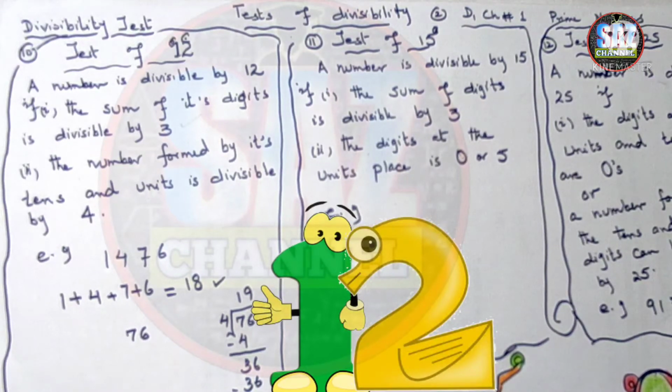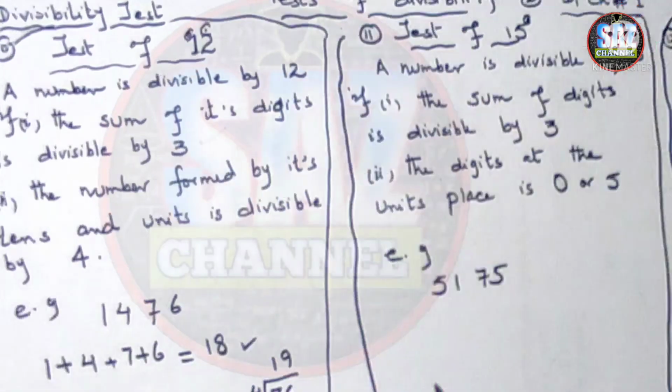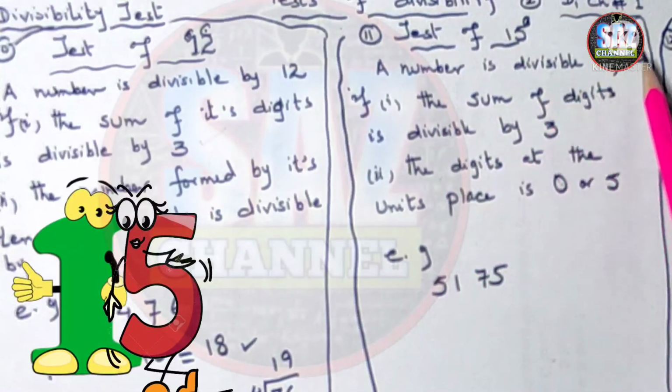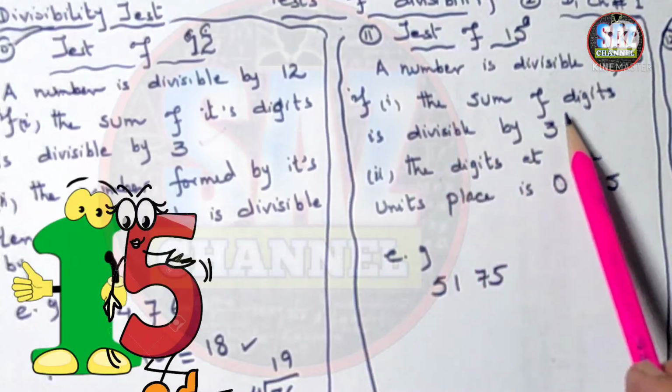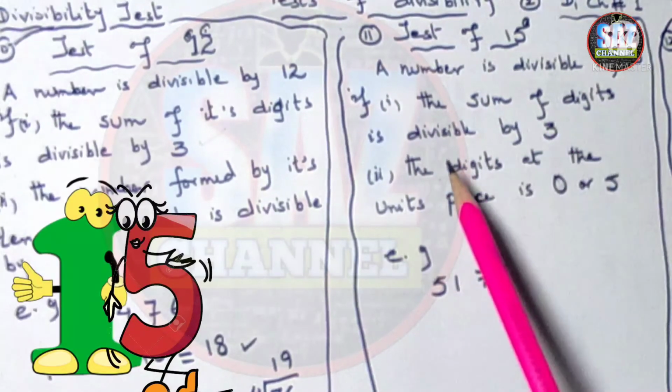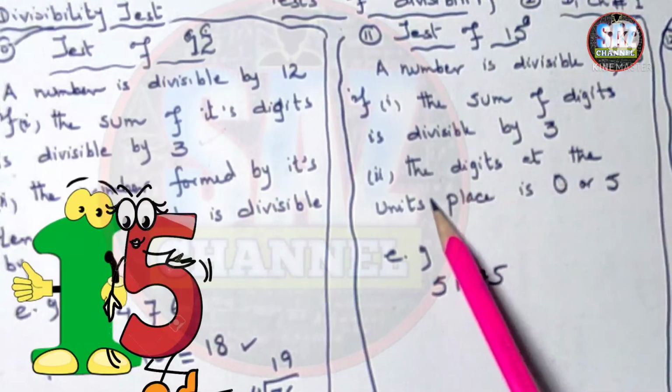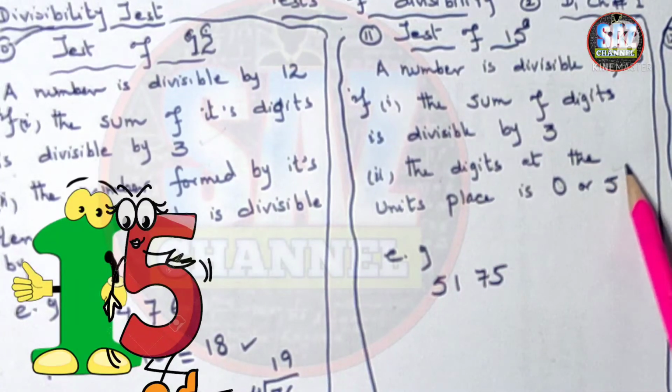Okay, moving to the divisibility test of 15. A number is divisible by 15 if the sum of the digits is divisible by 3, and the second is that the digit at the unit place is 0 or 5.